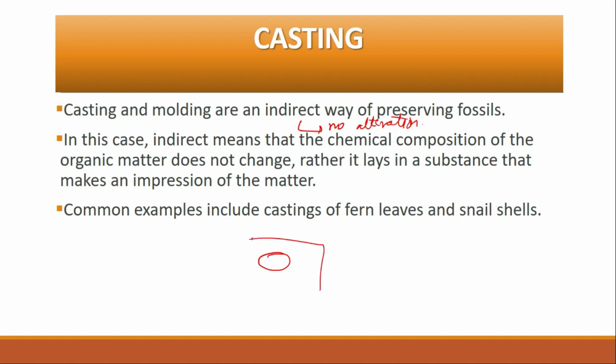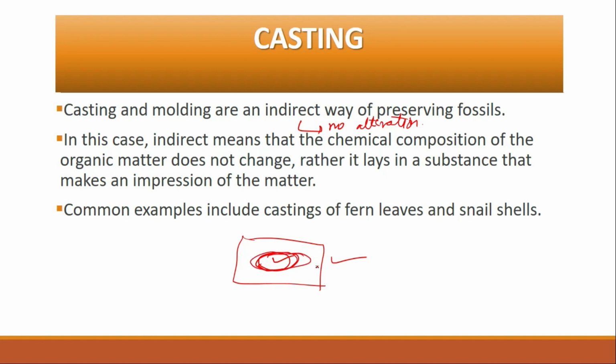Suppose there is a sedimentary rock, and within it we have a fossil. Now what happened? The impressions of these hard parts or soft parts got molded in the surrounding sediment. The impression of an organism or organic structure in the surrounding sediment is what you call a mold.